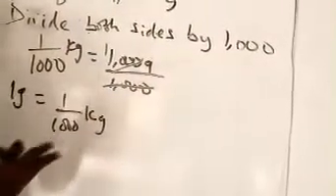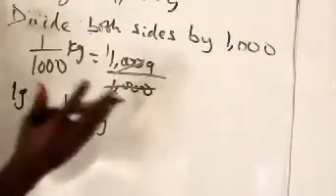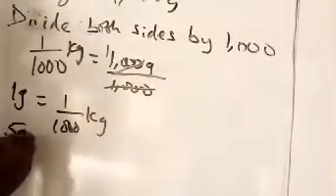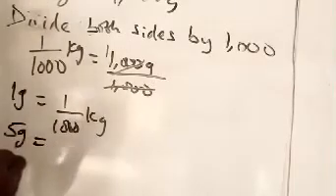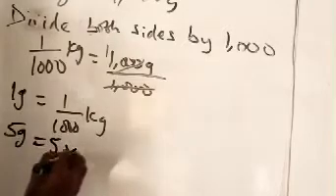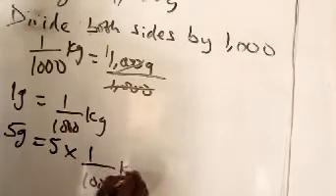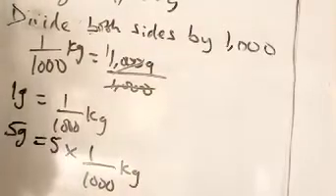So now we know that 1 gram is the same thing as 1 over 1,000 kilogram. It's now very easy for us to say, if 1 gram is this, then 5 grams will be 5 times 1 over 1,000 kilograms.